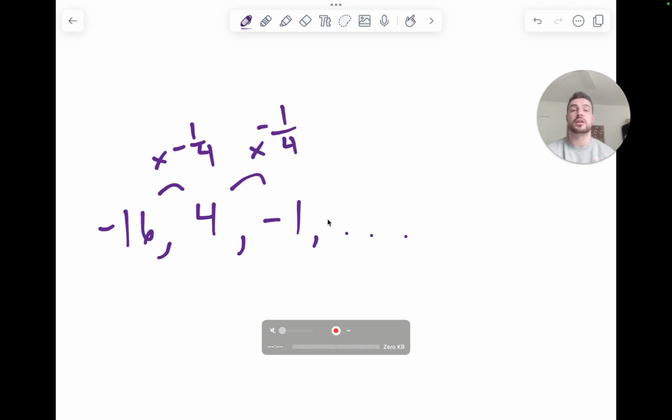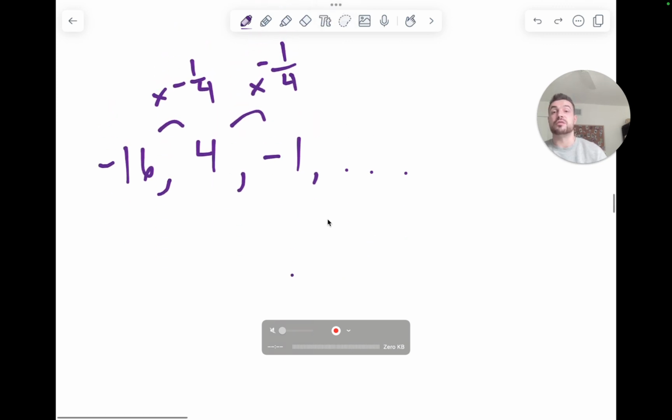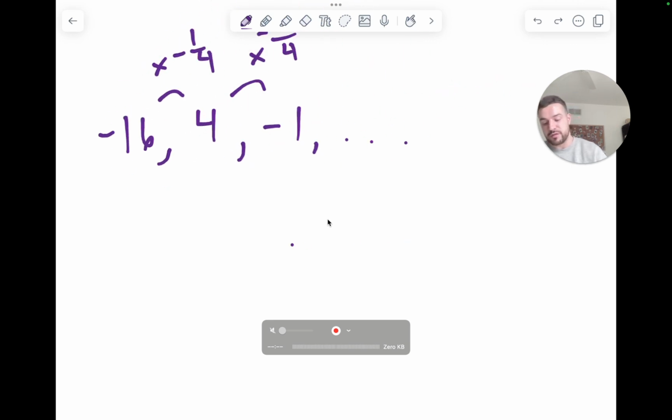And again, my terms are getting smaller and smaller, so eventually they will be approximately 0, which means this series will essentially stop growing. This R value is between -1 and 1, so what that means is we can find the sum of the infinite series.